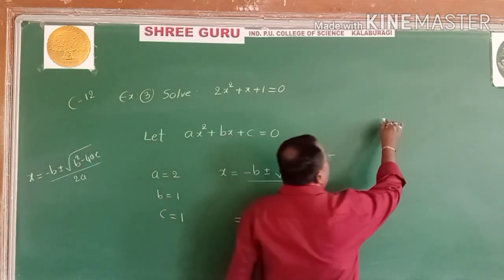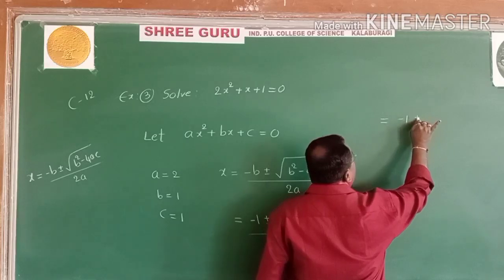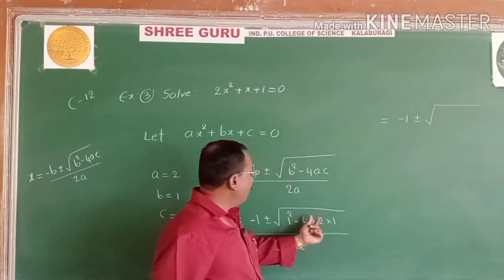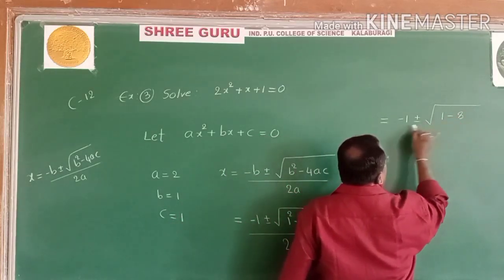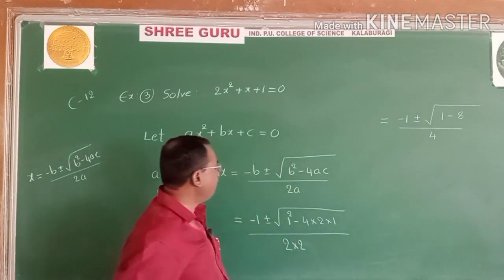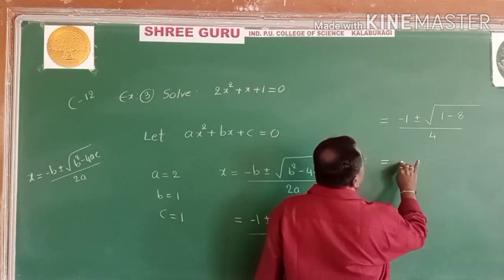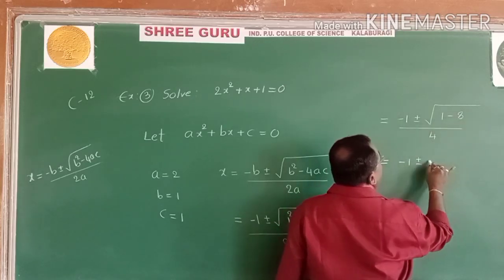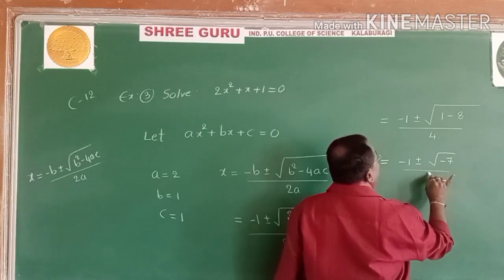Here x is equal to minus 1 plus or minus square root of 1 square is 1, 4 2s are 8, divided by 2 into 2, which is 4. That is minus 1 plus or minus root of 1 minus 8, which is minus 7, divided by 4.